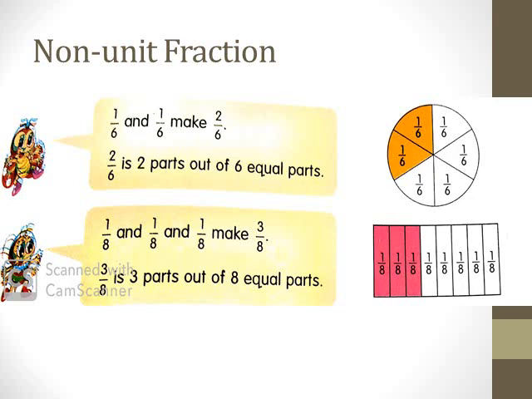If you shade the fourth one also, you will say 1/8, 1/8, 1/8 and 1/8 will make 4 parts out of 8 equal parts. Alright, so whenever you have 1 in the numerator, you will say it's a unit fraction, and whenever you have any number except 1 in the numerator, that will be a non-unit fraction.